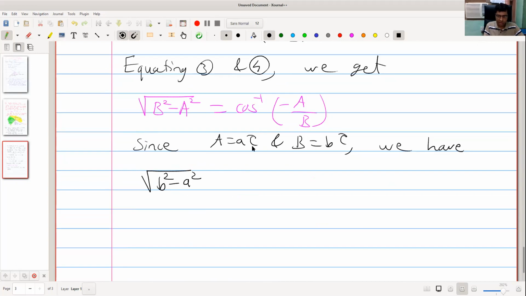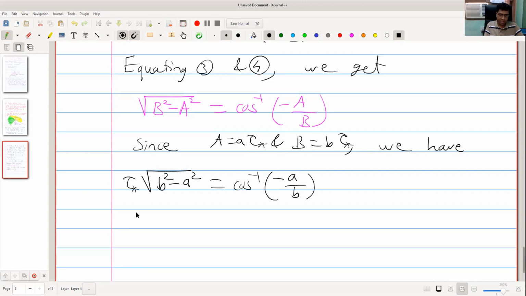So we write this as tau star. So square root of b square minus a square into tau square, under root, can be written as tau. So tau star equal to cos inverse minus a upon b. Tau star gets cancelled, tau star is positive. So it is simply minus small a upon b.